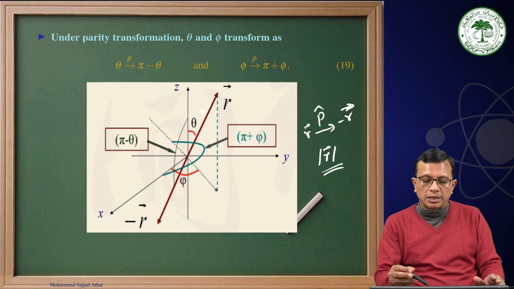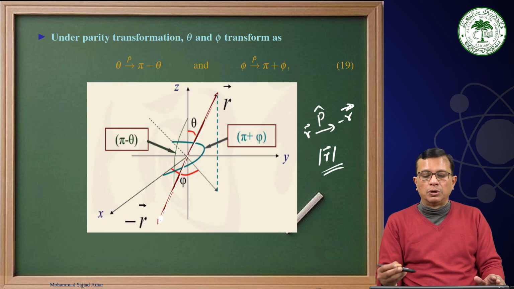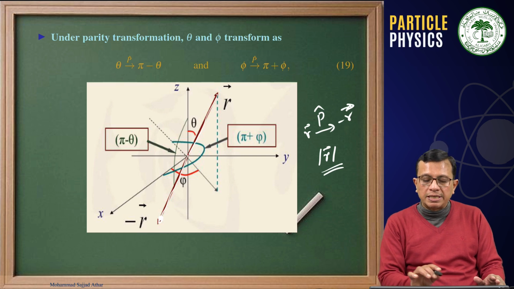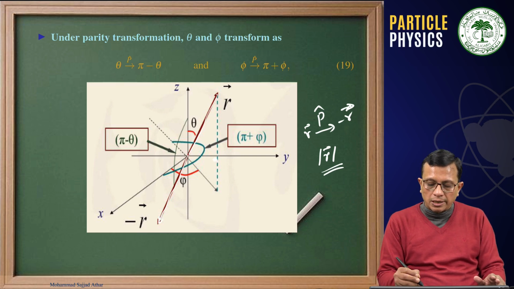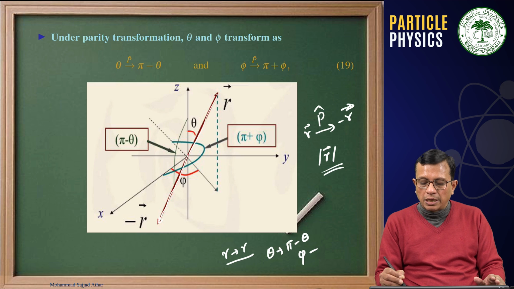Therefore, you have r here, and the parity operation gives you minus r. Since the magnitude is not being changed, that is equivalent to changing theta to pi minus theta and phi to pi plus phi.